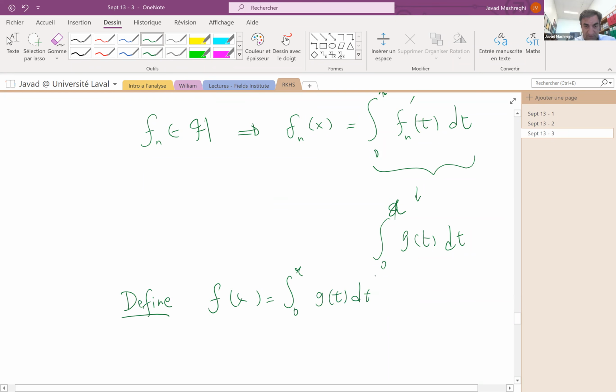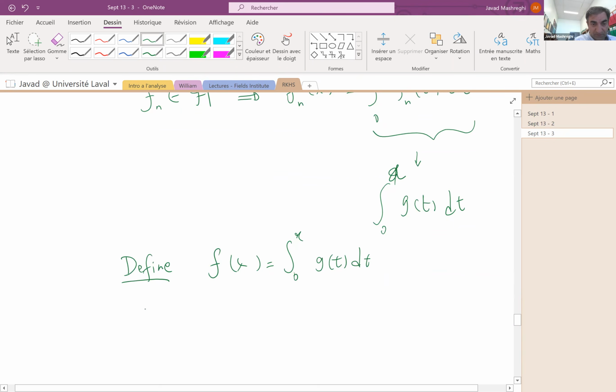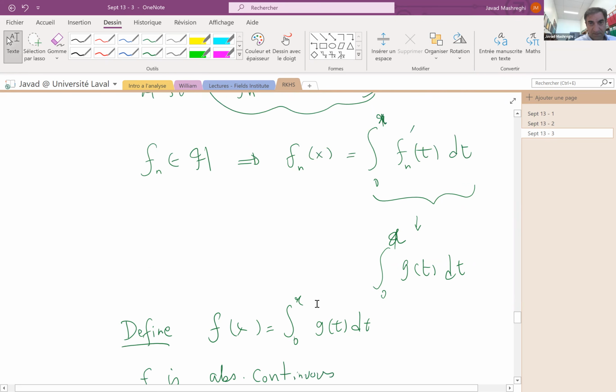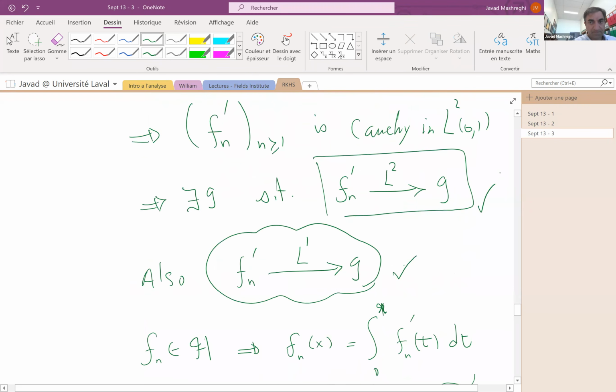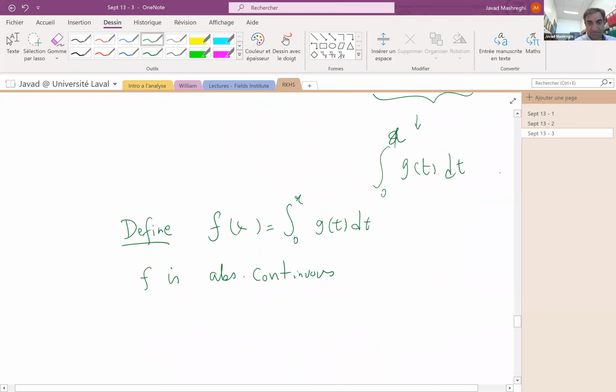By definition, f is absolutely continuous. The observation here is that since f prime is equal to g almost everywhere, Fn prime goes to f prime in L2.